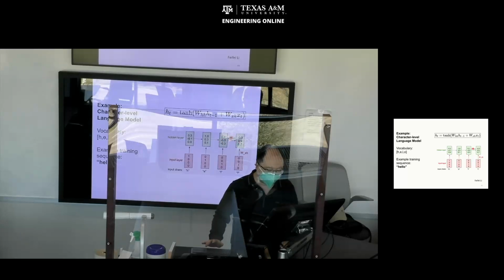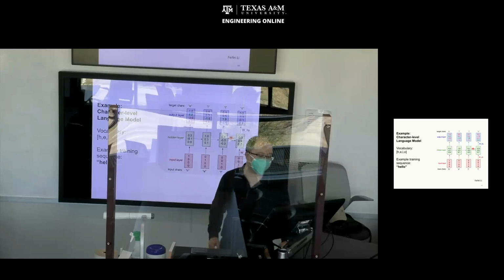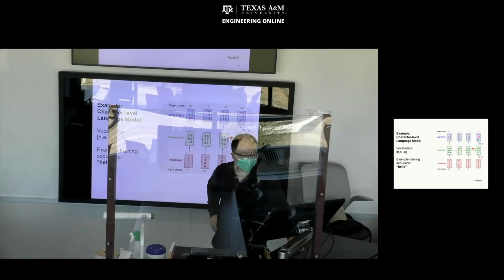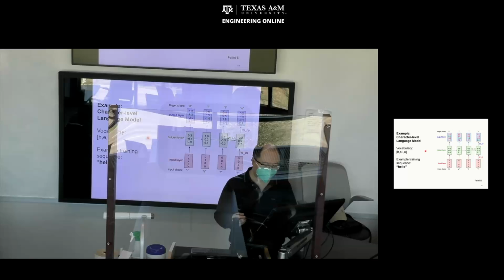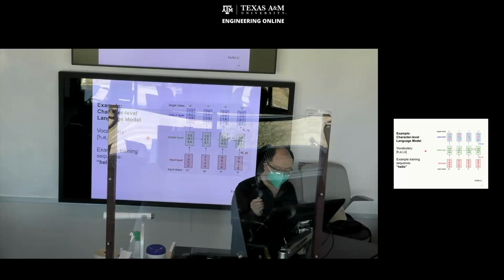Then given the hidden state, I get some output, and this output is mapped or categorized into one of the letters in the vocabulary, H, E, L, or O. What I'm trying to predict here, the true labels, are E, L, L, O.